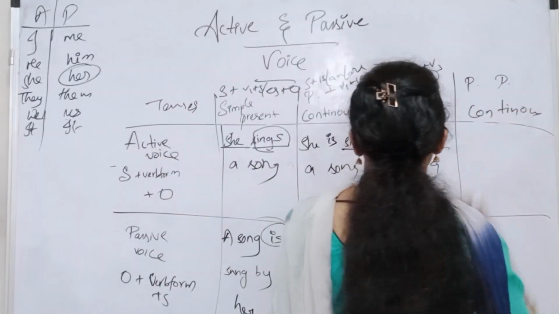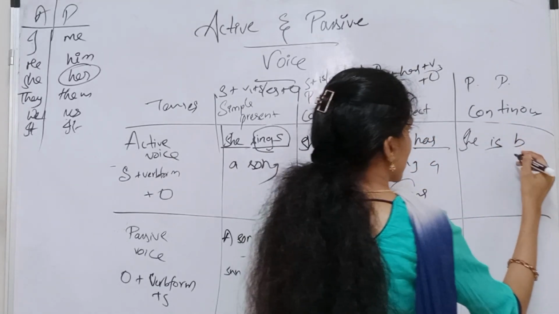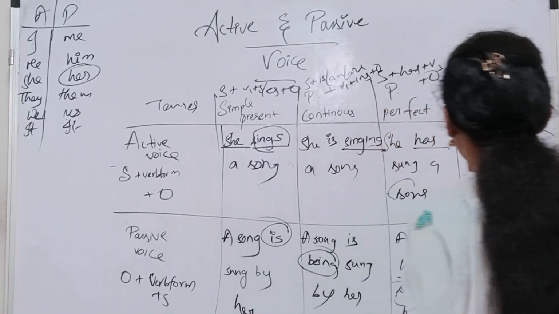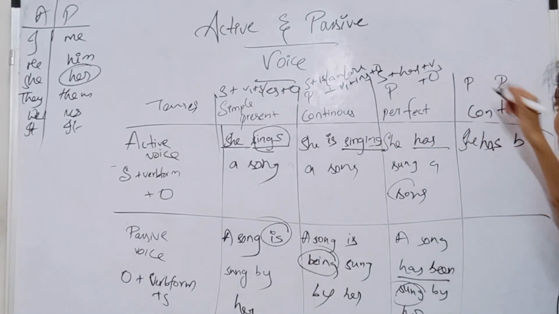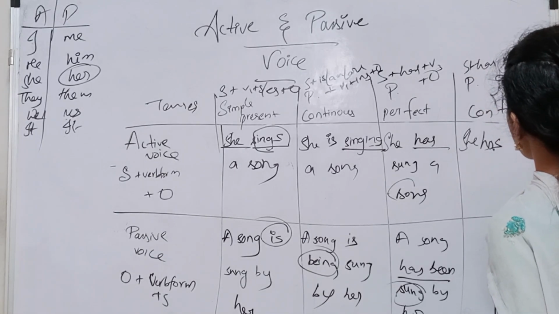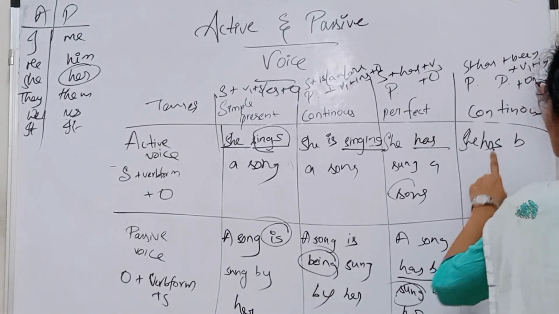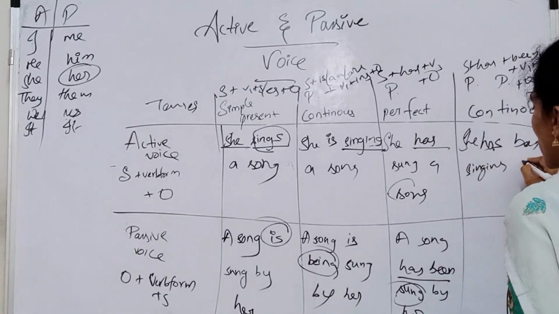Now present perfect continuous tense: subject plus has plus been plus V1 plus ing plus object. She has been singing a song.